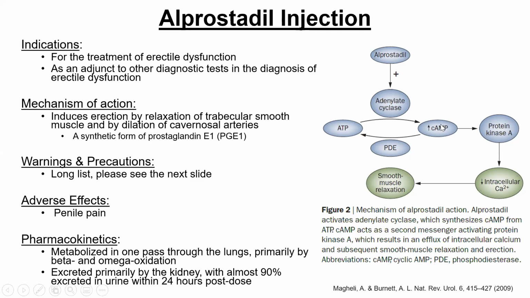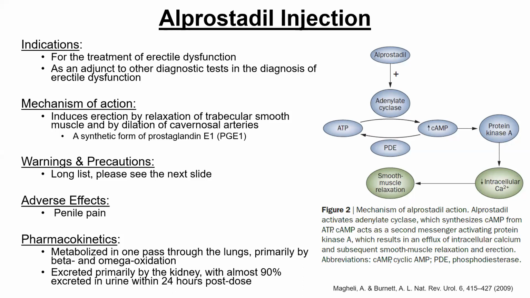So by increasing cyclic AMP levels, it activates a downstream protein called protein kinase A, which then through other downstream proteins decreases the intracellular calcium levels. And remember that for a smooth muscle contraction, for any contraction, even in your heart, you need calcium. So if you decrease the level of calcium, you will cause muscle relaxation.